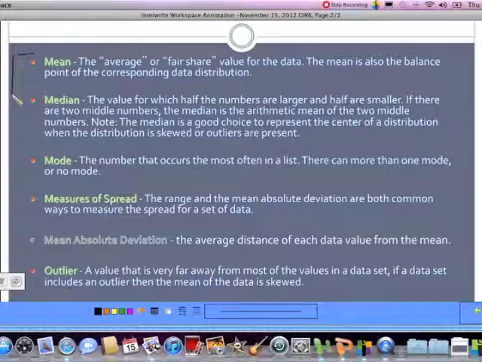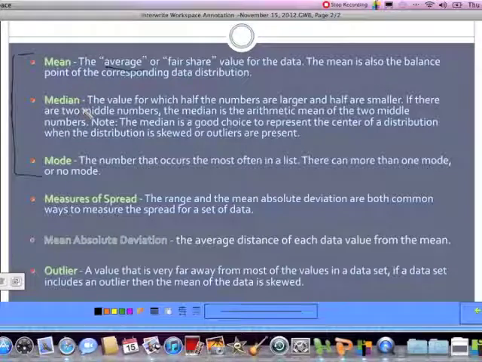That is mean, median, and mode. Starting with the mean, it is simply the average. If you would fill in your blank, average, or fair share value for the data. The mean is also the balance point of the corresponding data distribution. So by mean, we mean the average of a set of data.